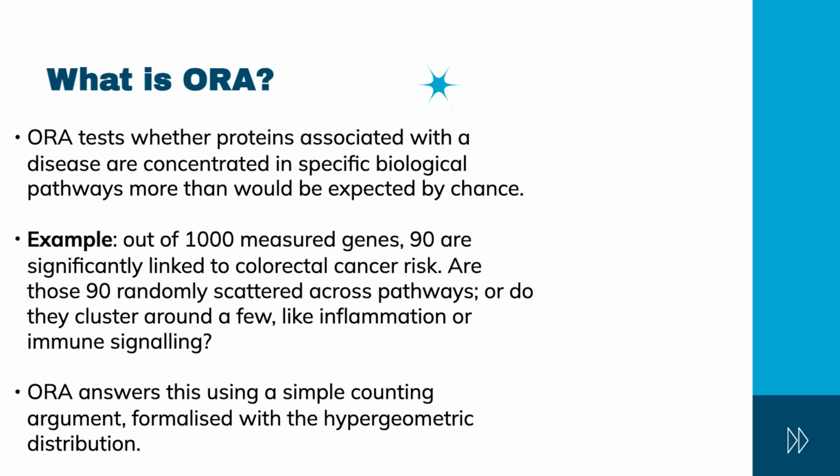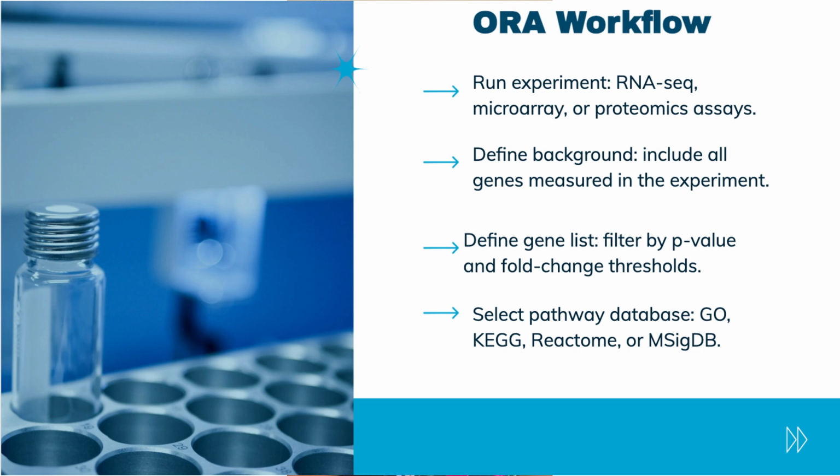exact test. When it comes to the workflow of the ORA, we have an experiment that is done in the lab, where you find the associations of proteins or genes with the particular biomarker that you are looking at. Now, after running those tests, we'll define a background and a gene list.